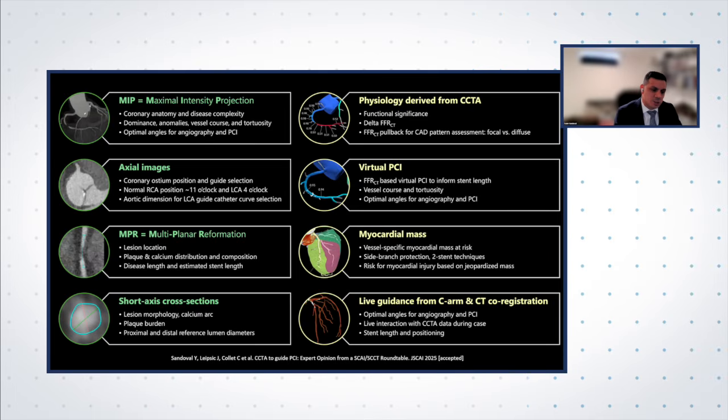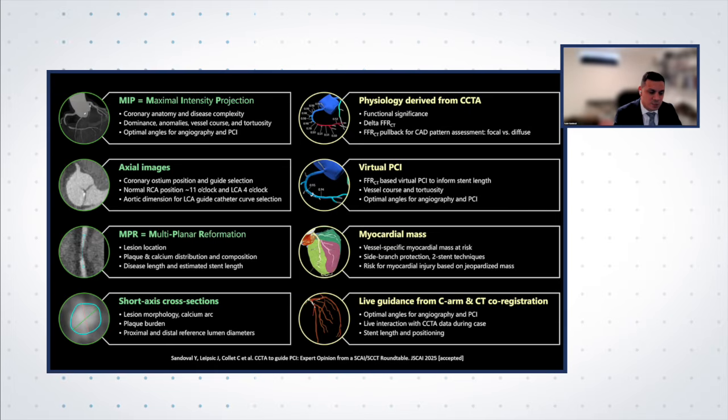What we're suggesting is that there's now increased awareness that we can use this information beyond just diagnosis of coronary disease, for pre-procedural planning, if we use it in a systematic fashion and understand what elements we're looking for.